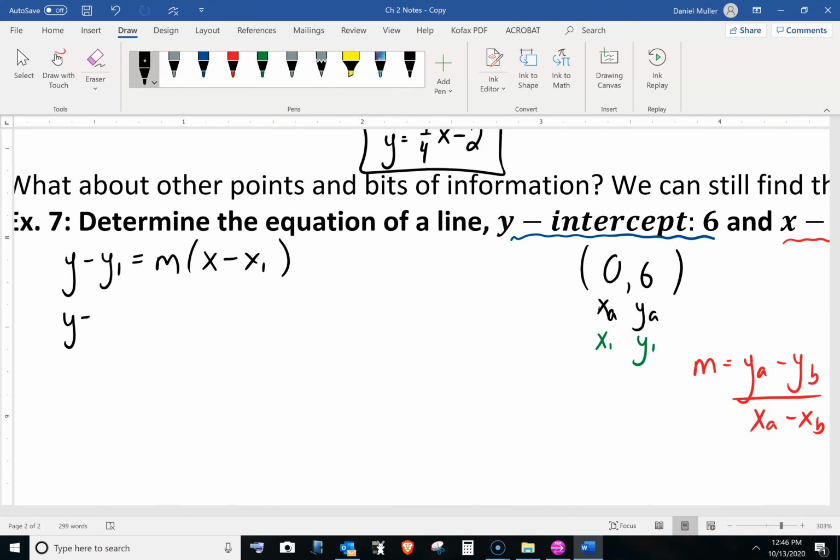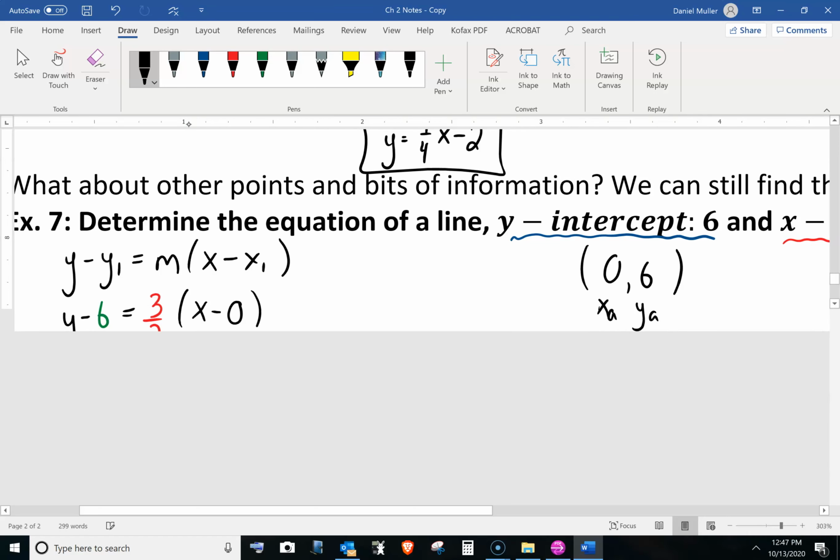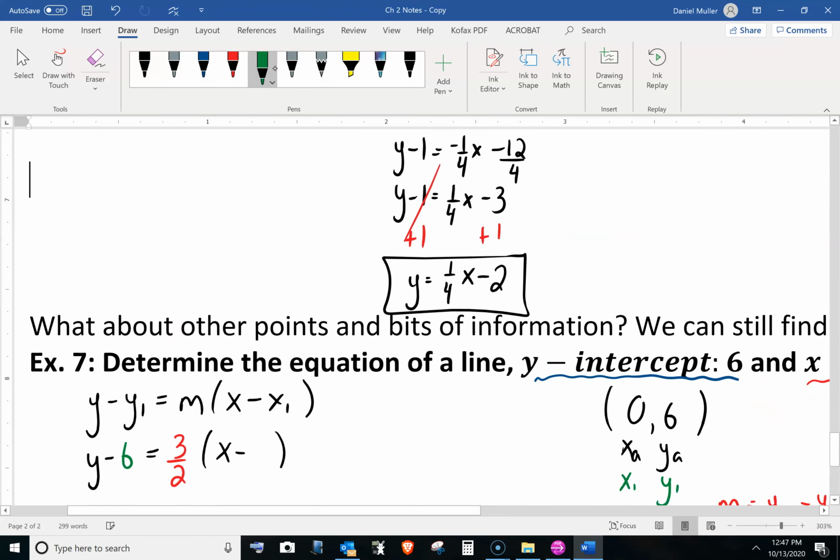So y minus y1 is 6 equals m. Now m here is 3 over 2 bracket x minus x0. This is actually, I didn't think about this, but this is x minus 0.